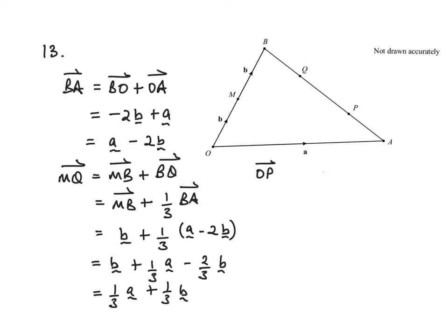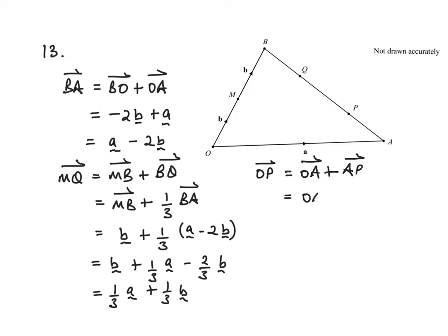Well, we're going to go from O to A, and then from A to P. So OP equals OA plus AP.